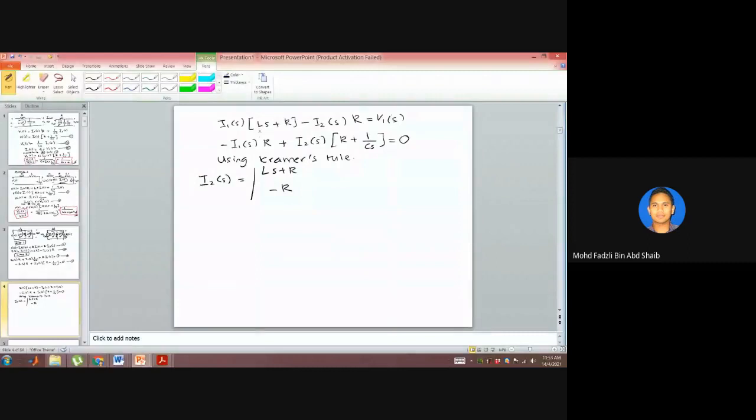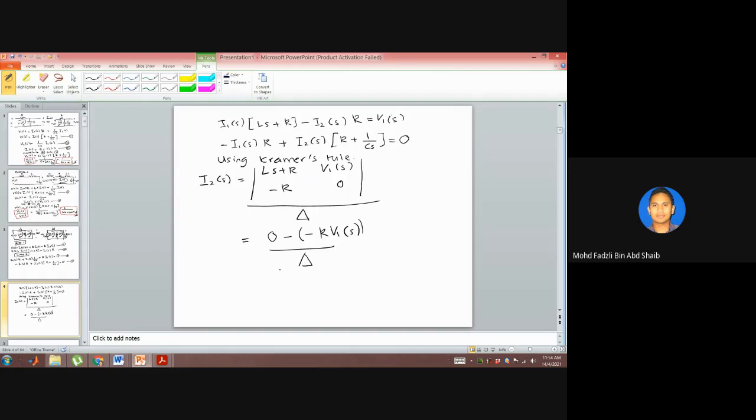If you want to find I2, we need to get the first one here, LS plus R, minus R, and we take the V1S, 0, over the determinant, which is equal to 0 times LS plus R is 0, minus R times V1S is minus R V1S over determinant.